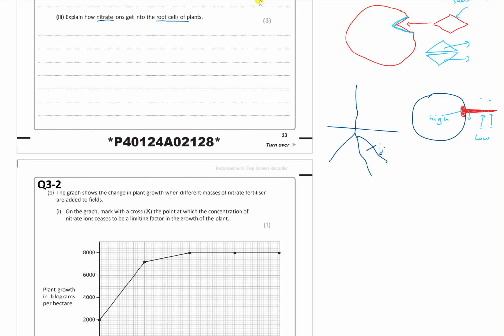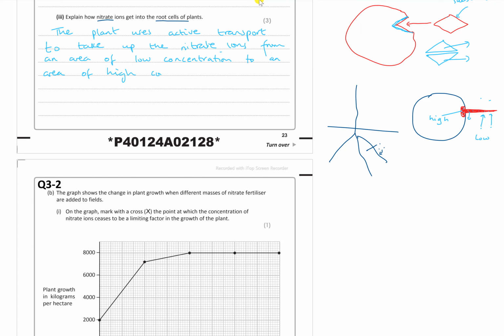called active transport. So we can say the plant uses active transport to take up the nitrate ions from an area of low, so it's opposite to what normally happens in diffusion, from an area of low concentration to an area of high concentration of nitrate ions.